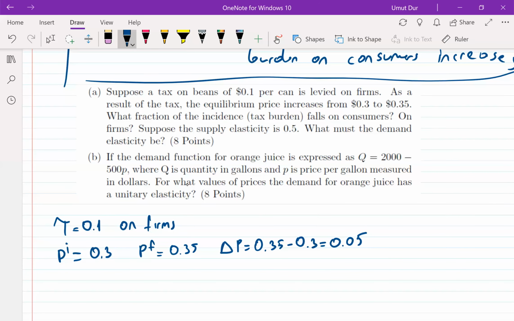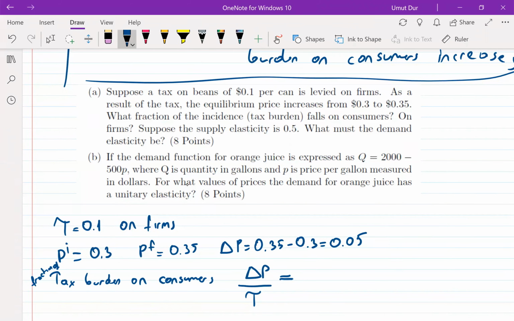Okay. So the question is basically asking what fraction of this tax burden falls on consumers. The fraction of tax burden on consumers is represented as delta P over the tax amount, right?